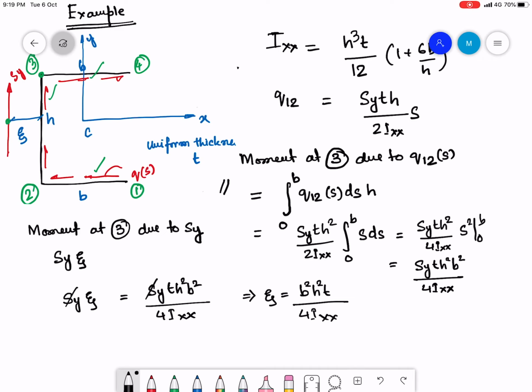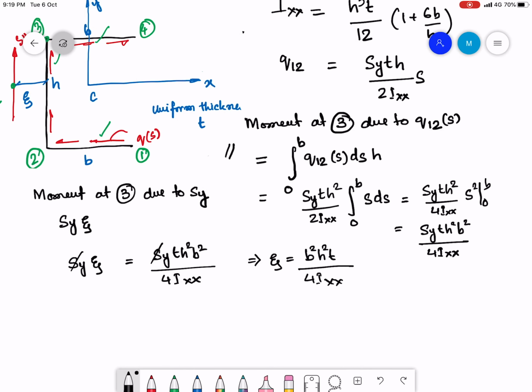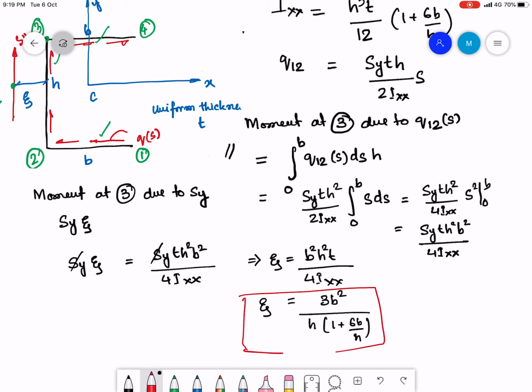If I put in the value of Ixx, zeta is going to be 3b square by h times (1 plus 6b by h). This is my answer. Okay, so done.